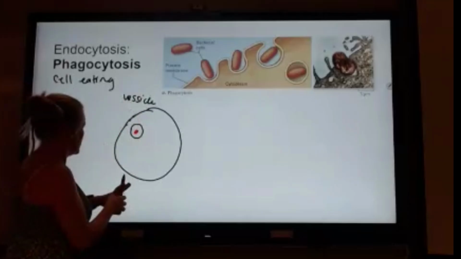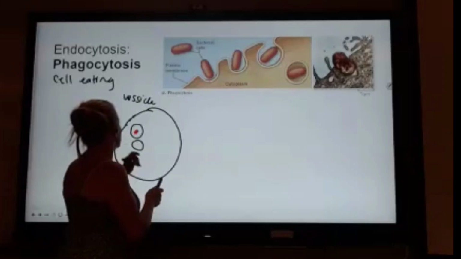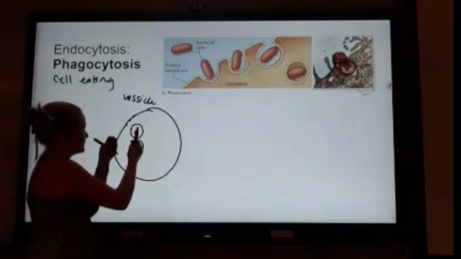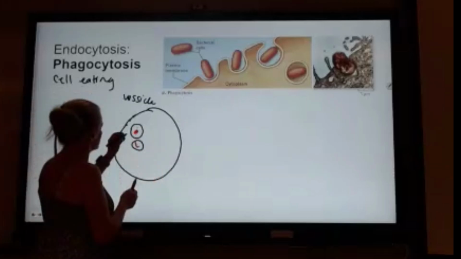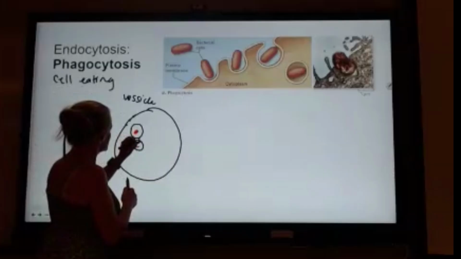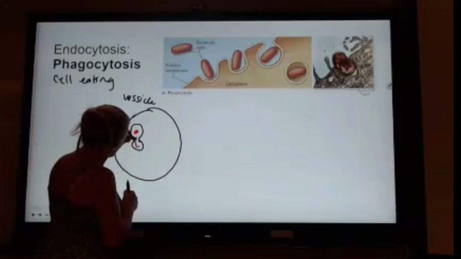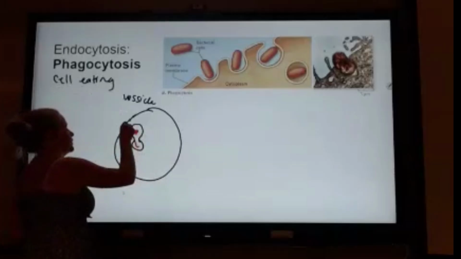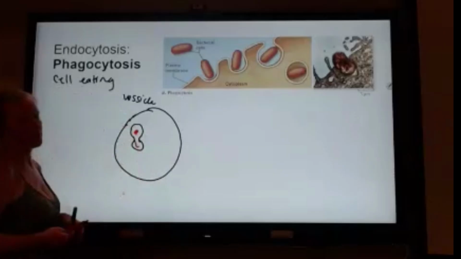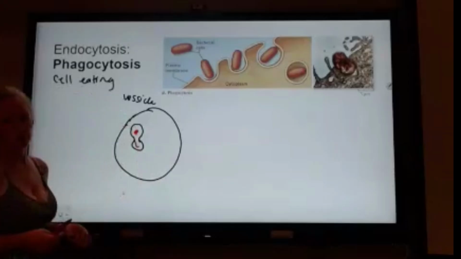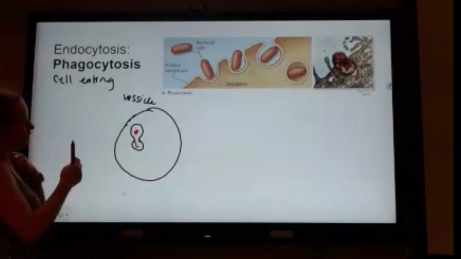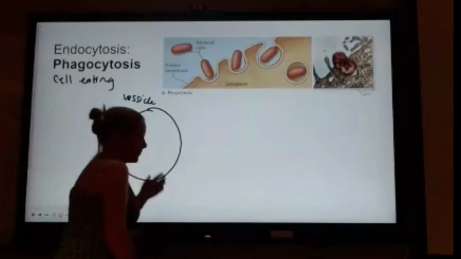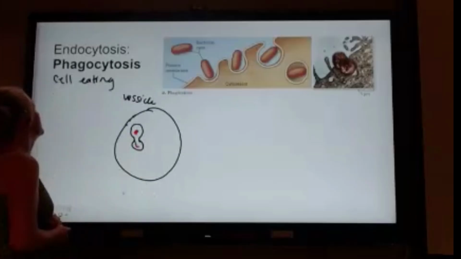So now we can have another specialized vesicle called a lysosome. So I'll just have an L come here, right? And then these vesicles can fuse together, and then all the enzymes that are in the lysosome then can go and digest and break that food particle down, whether it's another bacterium or another cell or just a chunk of organic material.